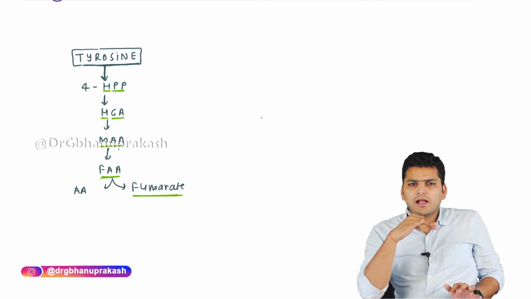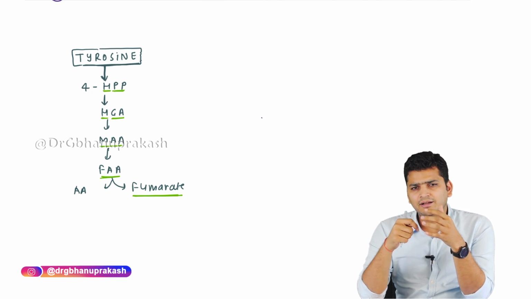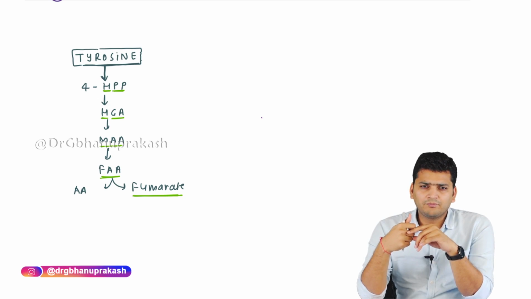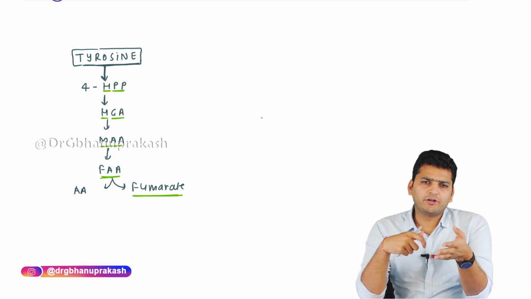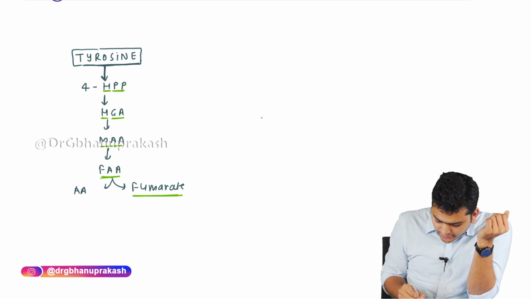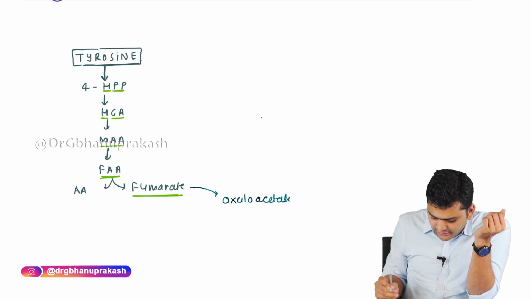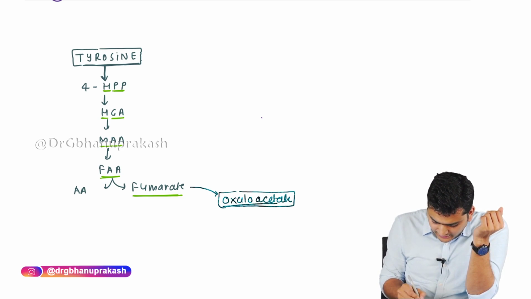Now in the session of the Krebs cycle, you may have seen that one of the intermediates of the Krebs cycle was fumarate, right? So fumarate can convert into malate, malate can convert into oxaloacetate. So I can say that fumarate can easily be converted into oxaloacetate because both are intermediates of the Krebs cycle.